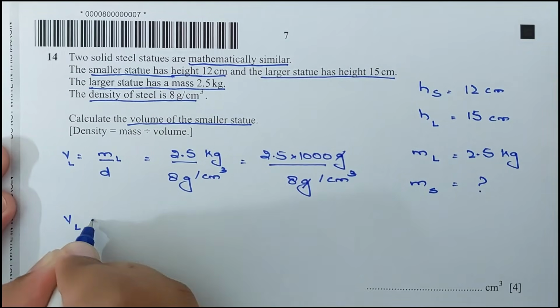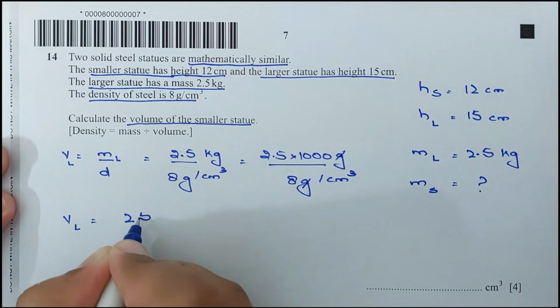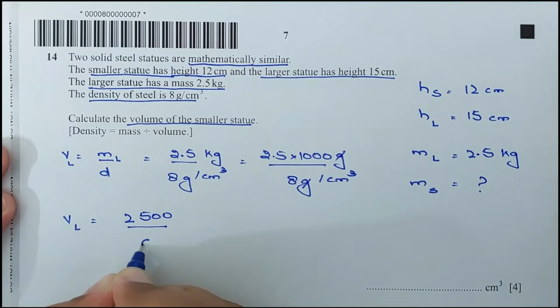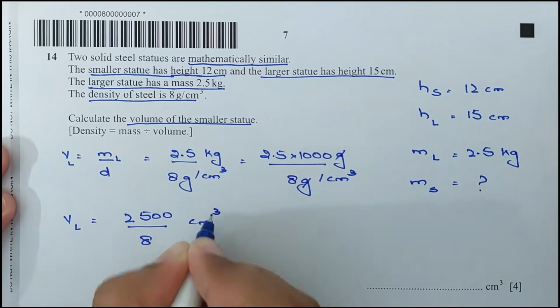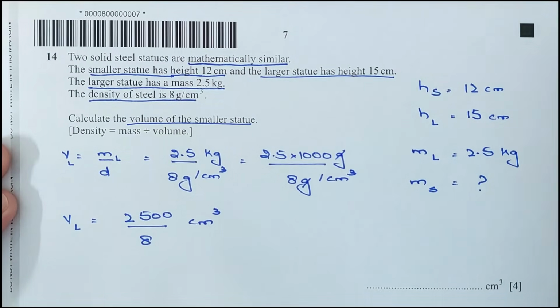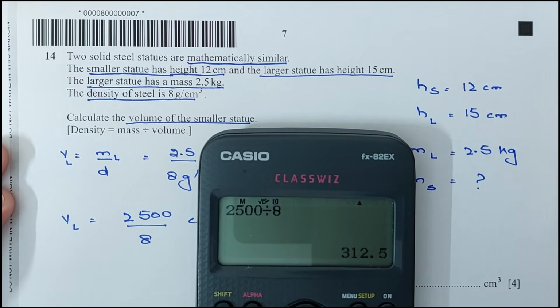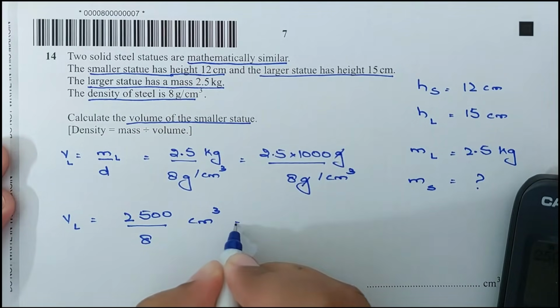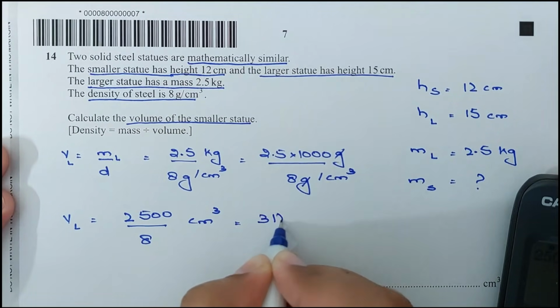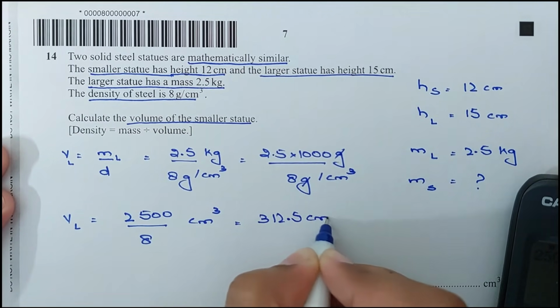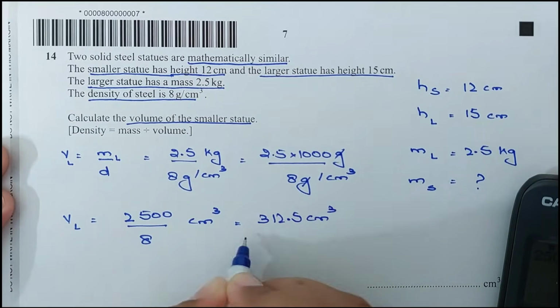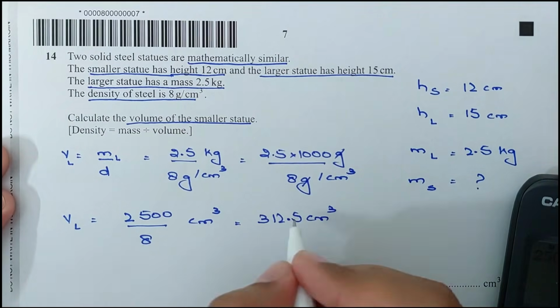So the volume of the larger is 2500 over 8 centimeter cube. Let me simplify. 2500 divided by 8 is 312.5 centimeter cube. This is the volume of the larger statue.